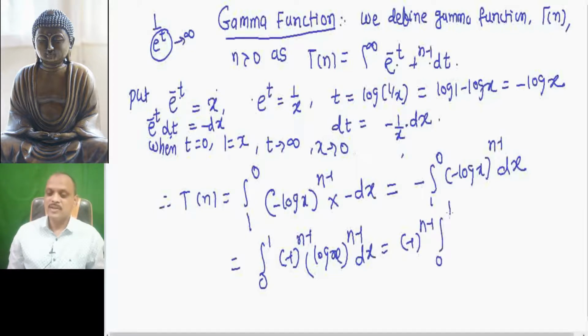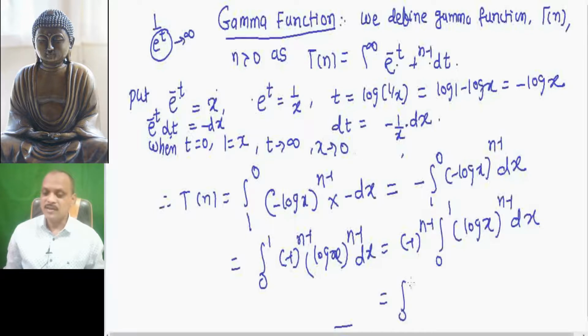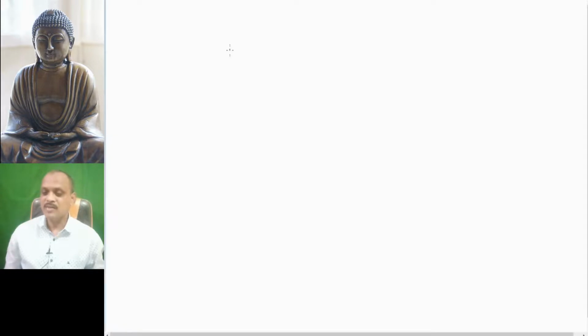This is the same as the log of, and again here we have (minus log of x) whole raised to n minus 1 into dx. But minus log of x is what?